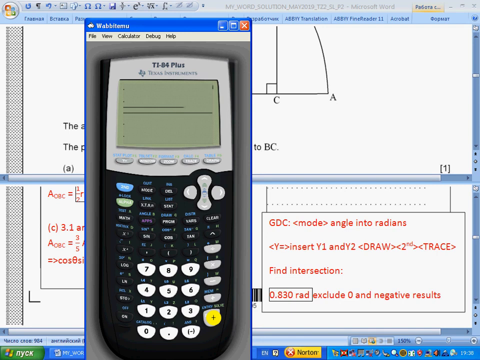So this is constant function, 3/5 of x. Ah, no, why? Strange. Something we did wrong.